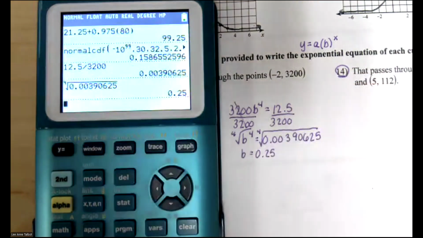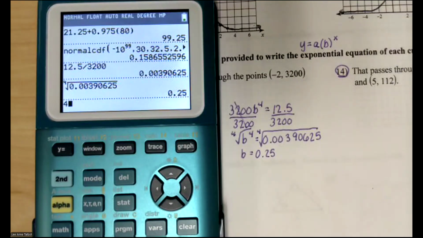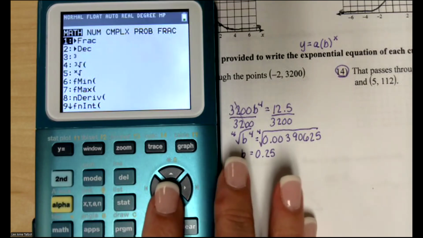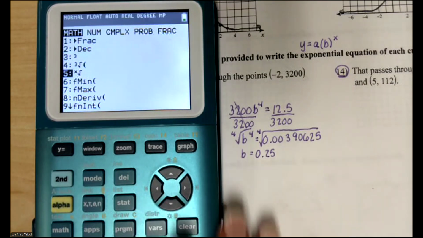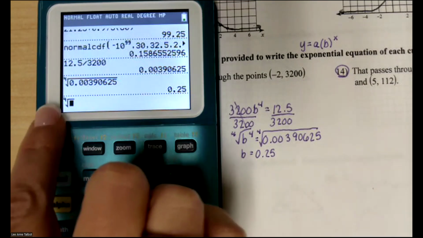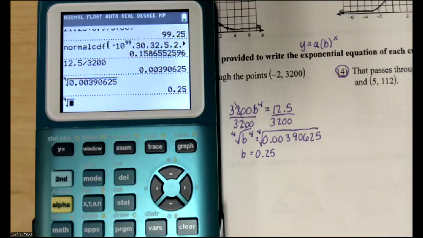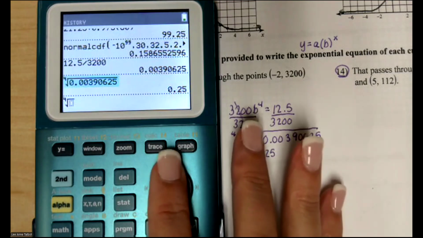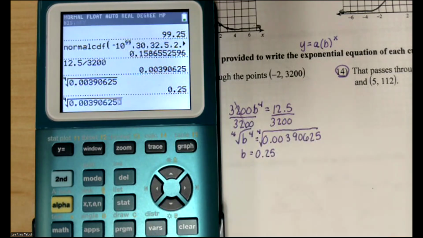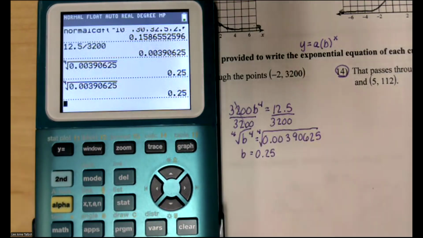Okay, so for Sean, also for you, you're going to want to do 4 first, then math, then scroll down to the X root, and it's not going to look on your calculator like it puts the little 4 there, but I promise you it will. And then just scroll up till you get that horrible decimal, or type it in, either way. Sean, do you have it?